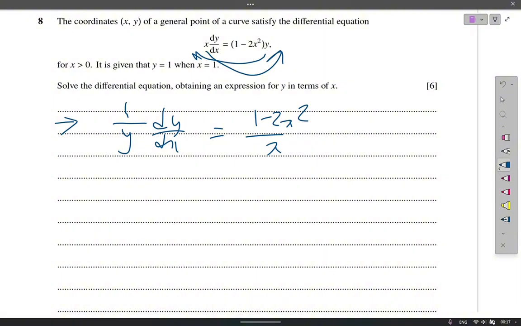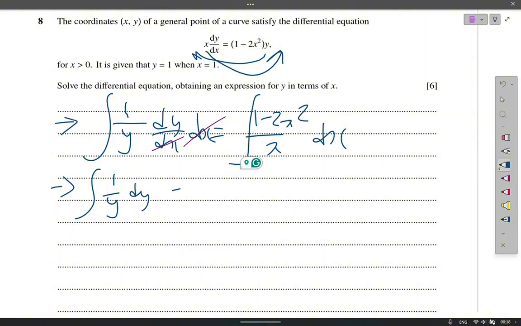And we can take integral from both sides. The dx cancel each other, so we can just write that as shown here.